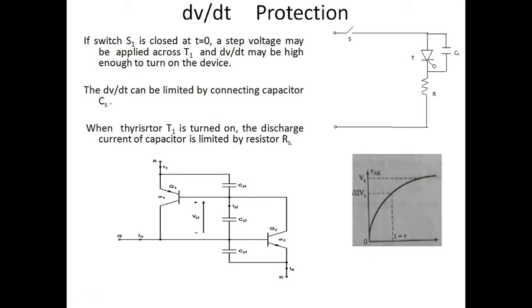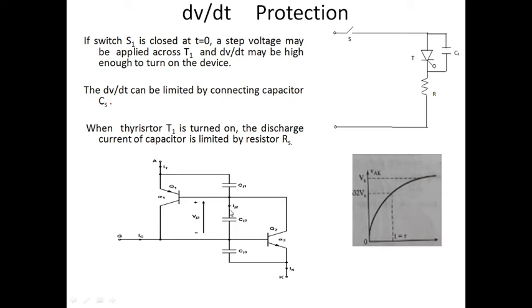We have studied that if you apply a rapidly rising voltage to the anode and cathode of the SCR, the middle junction J2 is reverse biased, so a charging current flows in that capacitor CJ2.